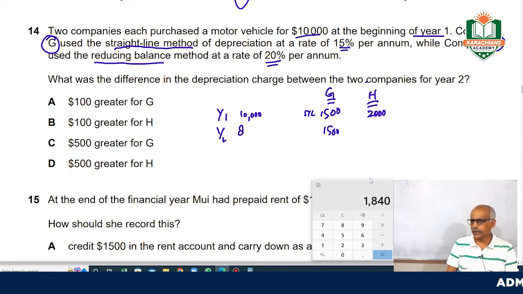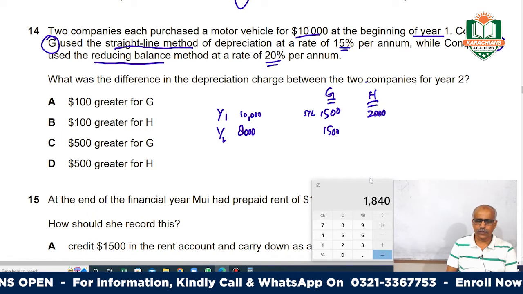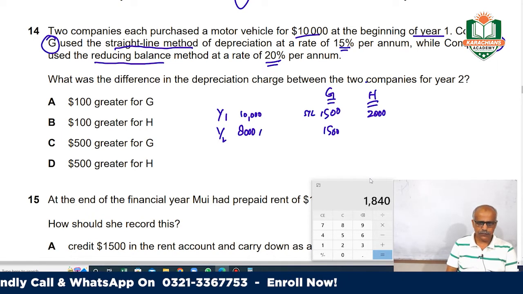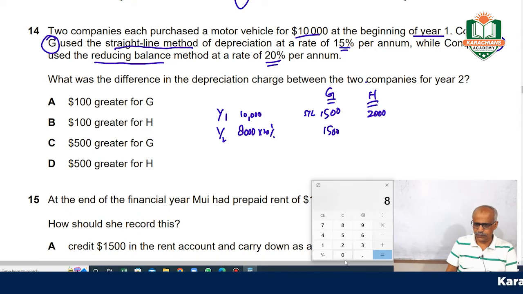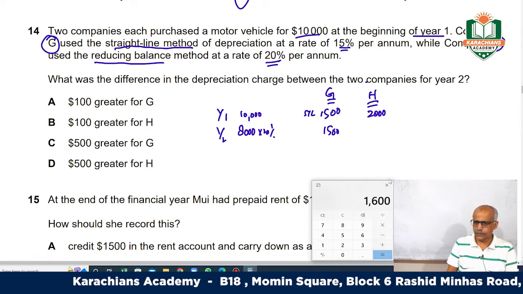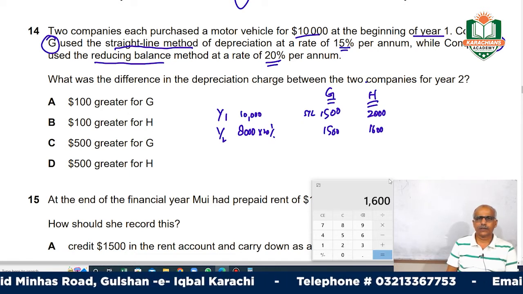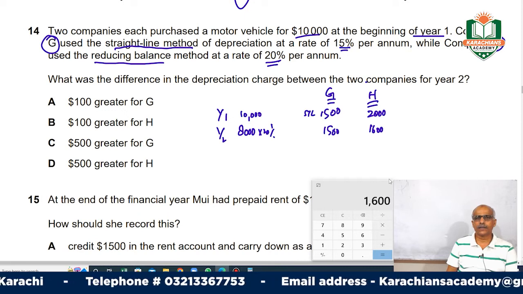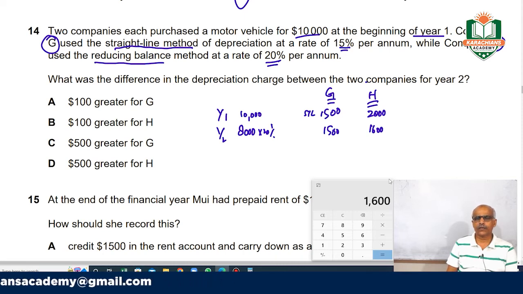G uses the straight line, and H uses the reducing balance. So the reducing value for the next year is 8,000, and at 20% this will be 1,600. You have already studied depreciation under reducing balance: in the earlier years you charge higher depreciation, and with the passage of time the charge reduces every year.